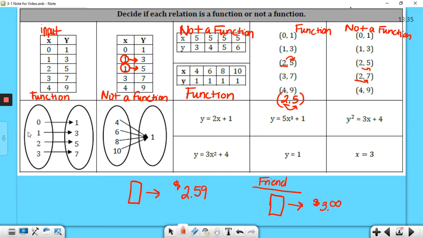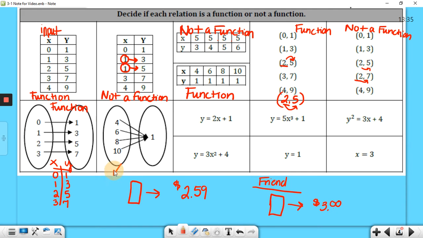Okay, let's look at what we call a mapping. So what this is really doing is relating 0 to 1 wherever the arrow points to. So 0 points to 1, 1 points to 3, 2 points to 5, and 3 points to 7. So those are your values if I put them in a t-table. And we have no repeated x's, so this is a function.